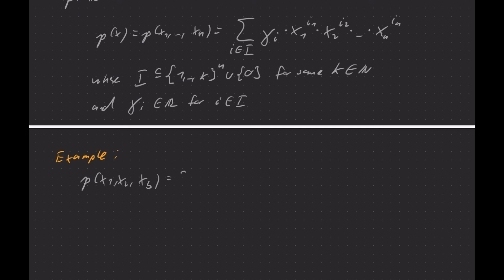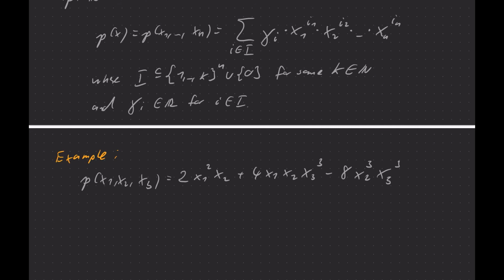Let's say first we have something like 2 x1 to the 2 x2. Then we have a term like 4 x1 times x2 times x3 to the 3. And finally, let's say we have minus 8 x2 to the 3 x3 to the 3.